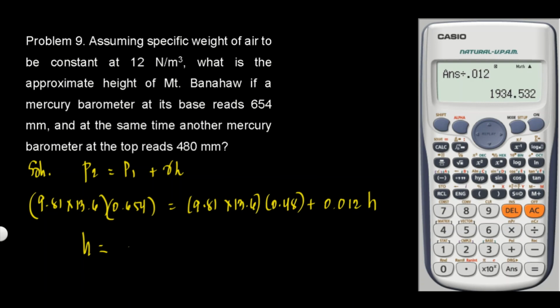So the height of Mount Banahaw is 1,934.53 meters. That is how high it is.